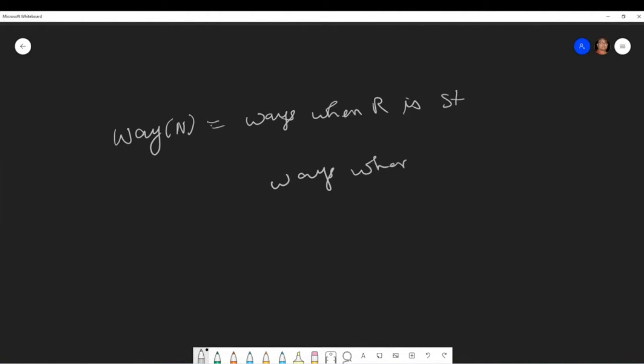Okay, so in order to go ahead with our formula, total ways for n is the number of ways when R is the starting point, or the ways where W is the starting point.